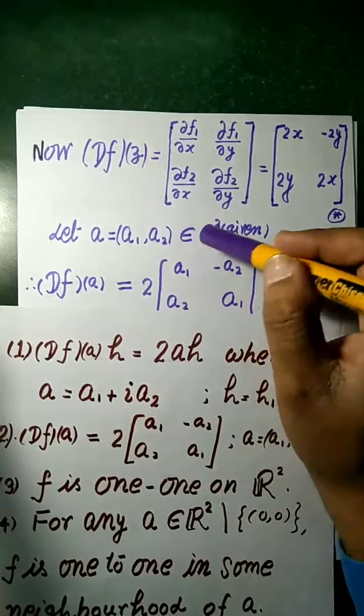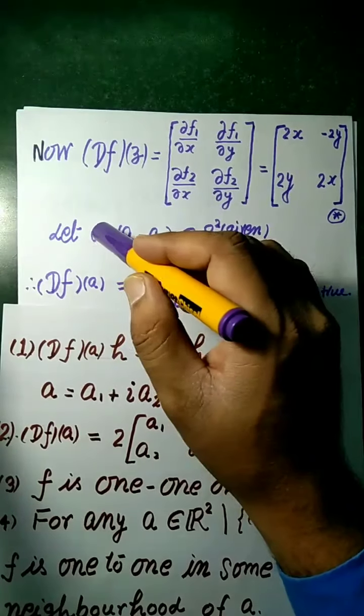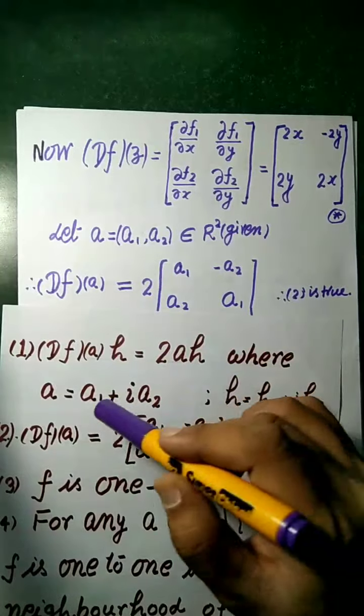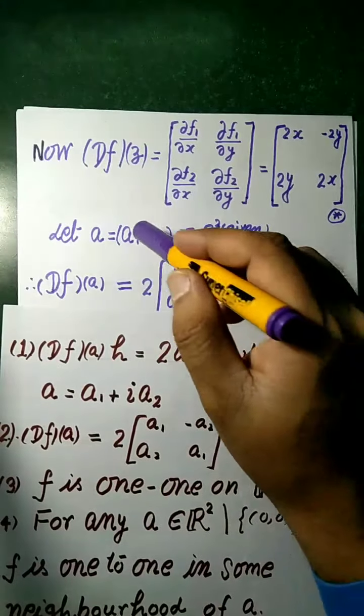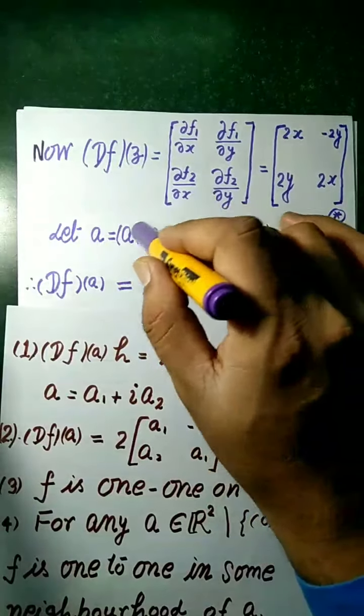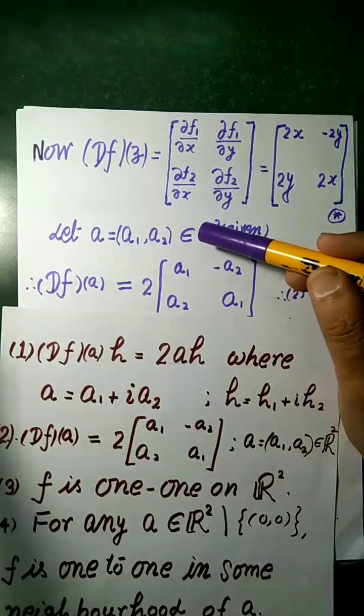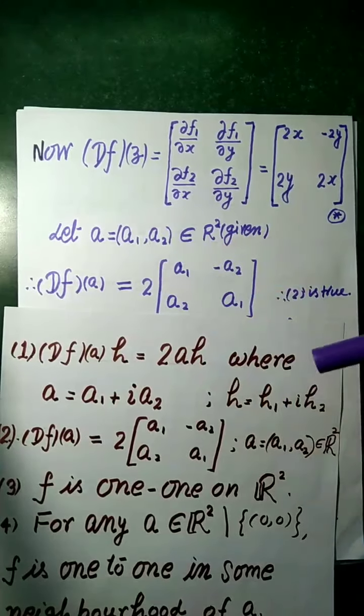Now we are working in the two space R2, therefore let us write this in two space in bracket form as a equals (a1, a2).